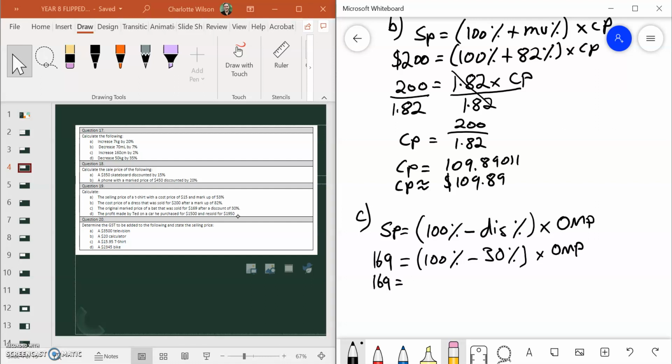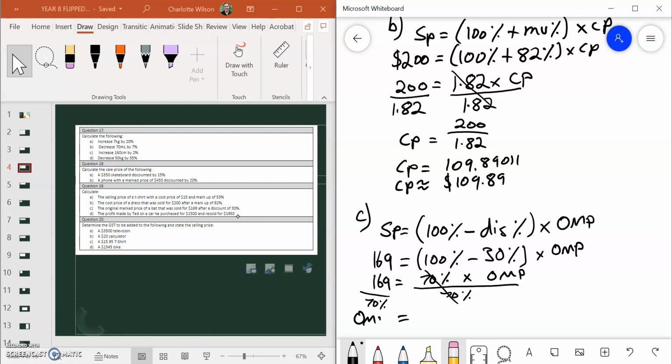So 169 equals 70% of the original marked price. To isolate our original mark price, we need to divide by 70% to move it to the other side.